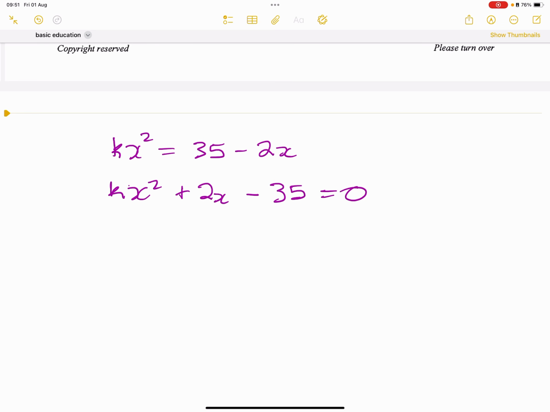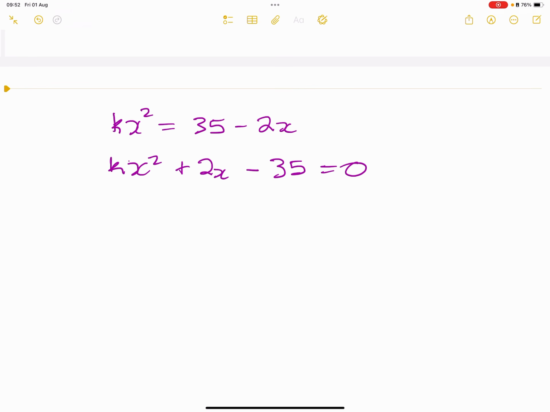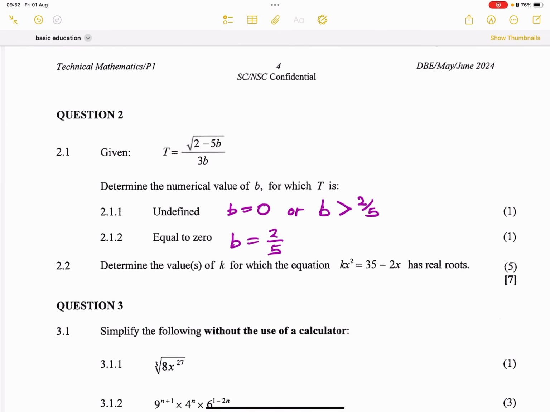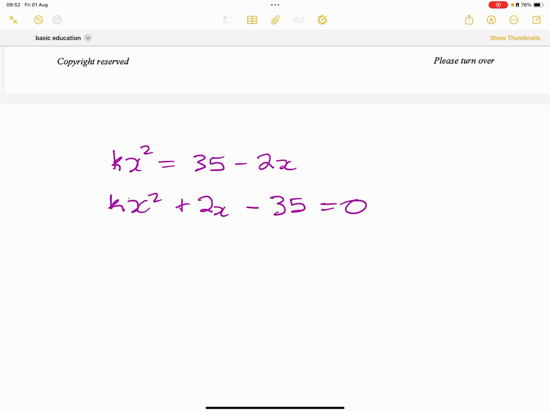And then once we've done that, what they said to us is that we need to make sure that it has real roots. We need to find the values of k such that it has real roots. So what do we know about real roots? We know that delta has to be greater or equal to 0.